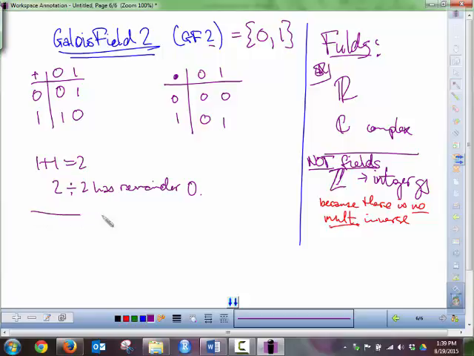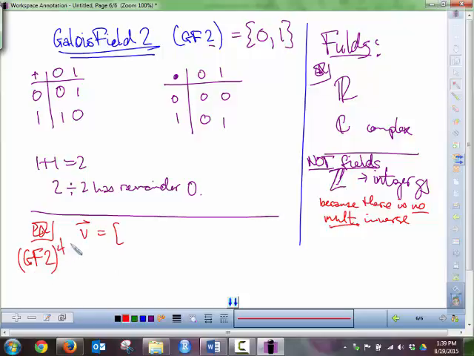So if I happen to have a vector in GF2, and let's just stay with 4 dimensions.